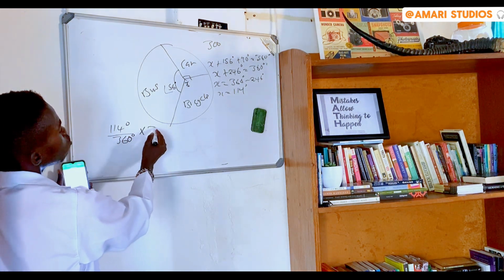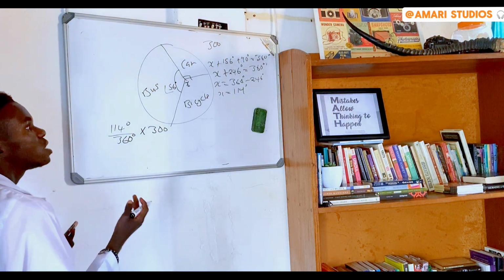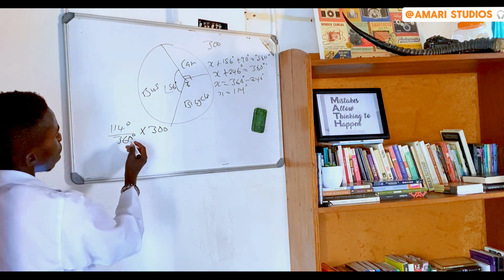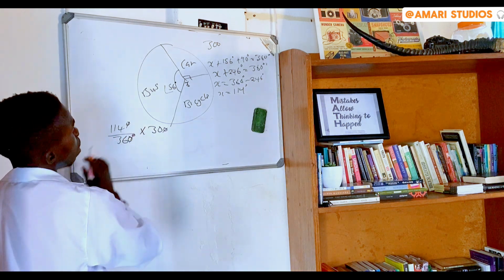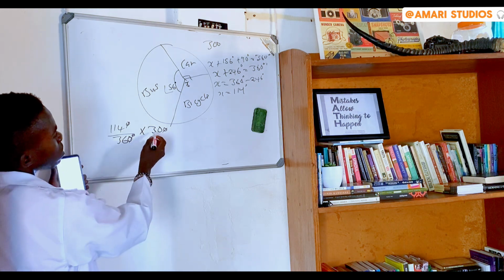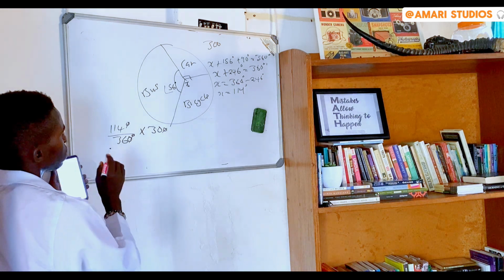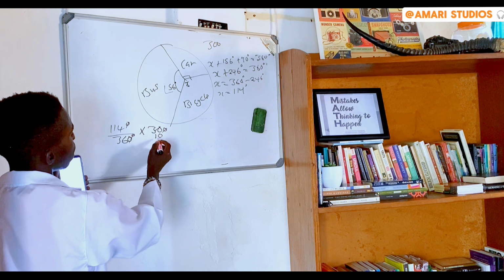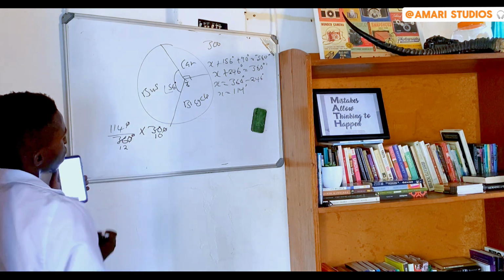Then the whole lot of this will be multiplied by 300, the total number of learners going to this school. As usual, make sure that you reduce the numbers to their lowest form. A number that can go into 36 and 30 without leaving a remainder is 3 itself, meaning that is 10, and that is 12.